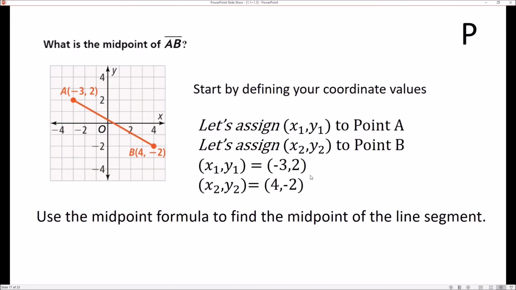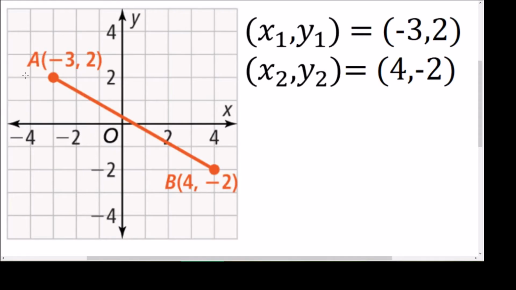So let's do one real quick together. Our A value is (-3, 2). I went ahead and recorded that over here. This is A, this is B. B is (4, -2). Now I want to find the midpoint of these, so I luckily had these line up, and I'm going to add them together by their coordinates.